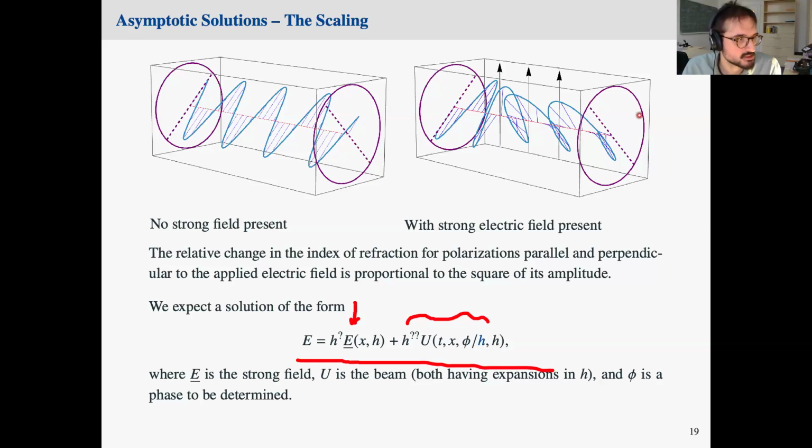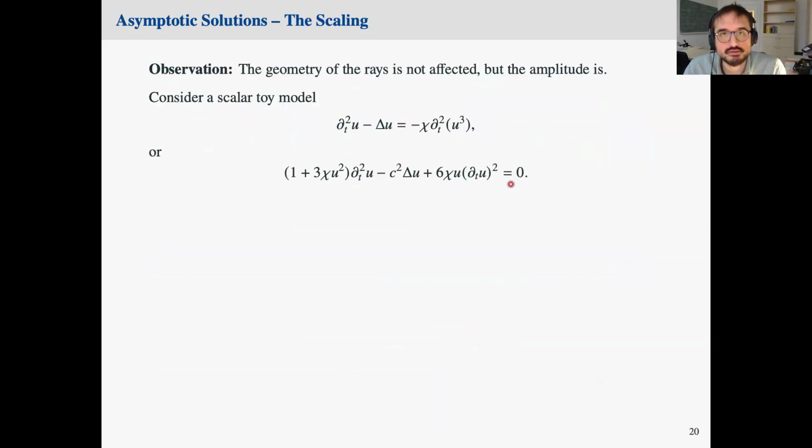It's like the beam of light that passes through the cell. And the phase we need to determine. So what you observe is that the geometry of the rays is not affected. They still propagate straight, but the amplitude is.